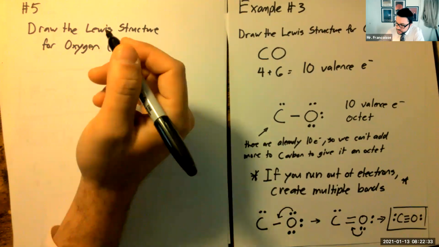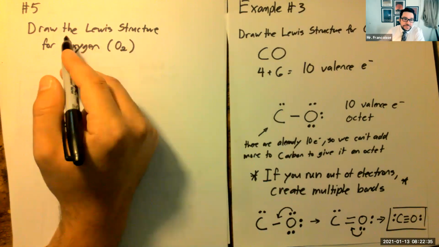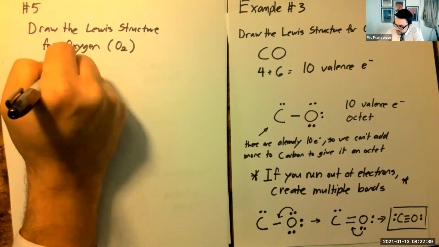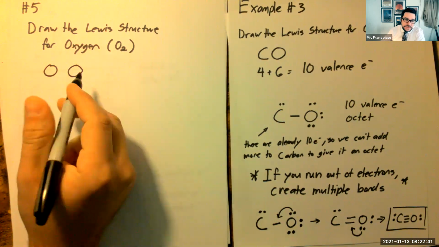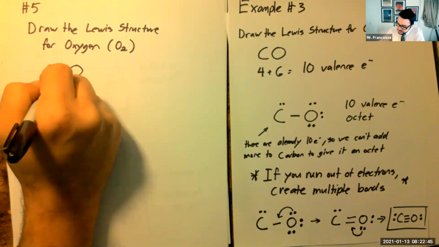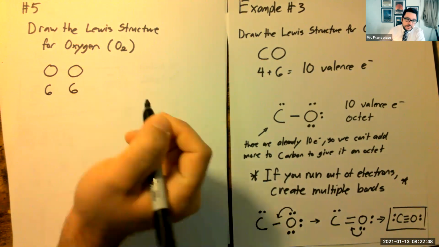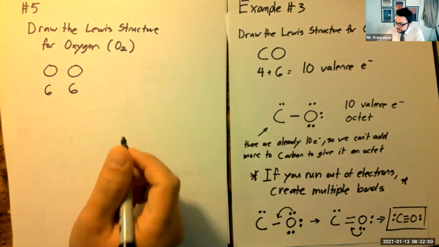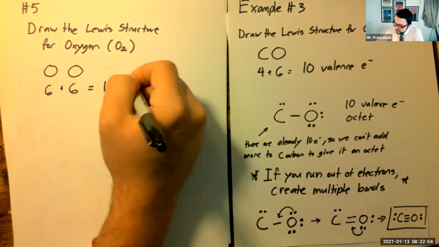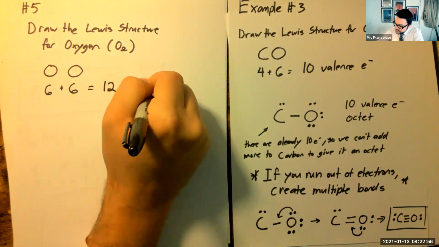All right, so let's go ahead and take a look. We have oxygen, which is O2. We have 2 oxygen atoms. Each of these has 6 valence electrons. So if we add them up, we have a total of 12 valence electrons.